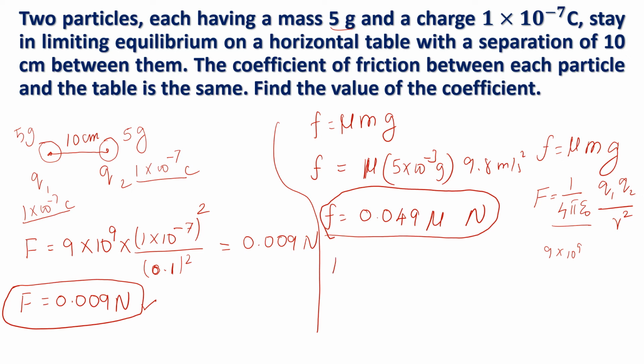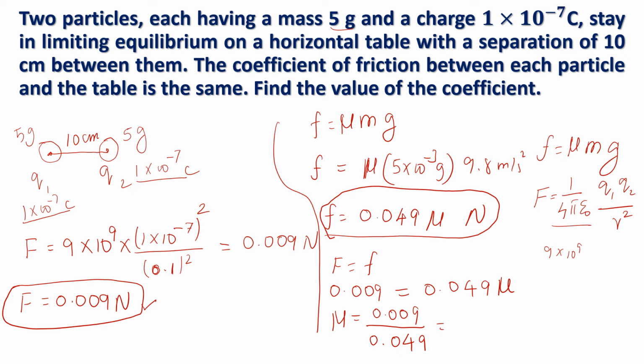So we equate these two. 0.009 is equal to 0.049 mu, both in Newton. So mu is equal to 0.009 divided by 0.049. After the cancellation, we get 9 by 49, sorry, 4.9.